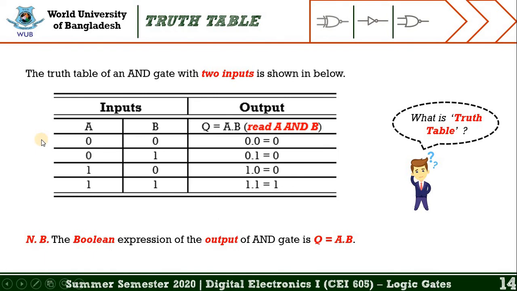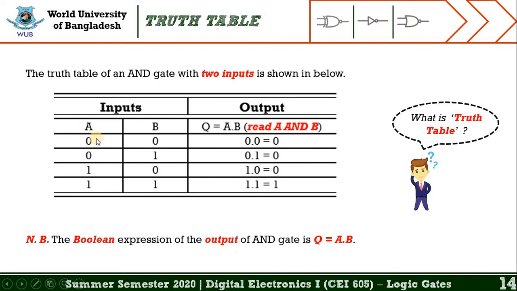From this slide, we may know the truth table of the AND gate. And there is another thing I have to mention. This AND gate has 2 inputs. So let's start.